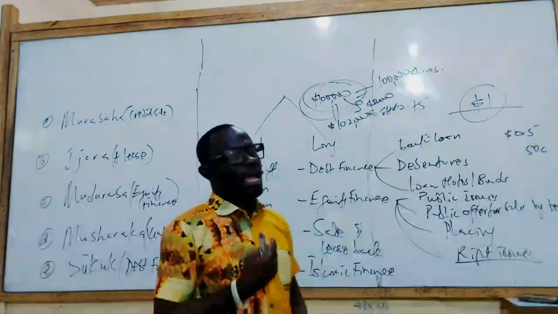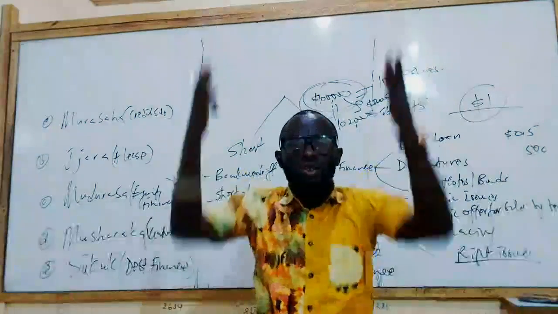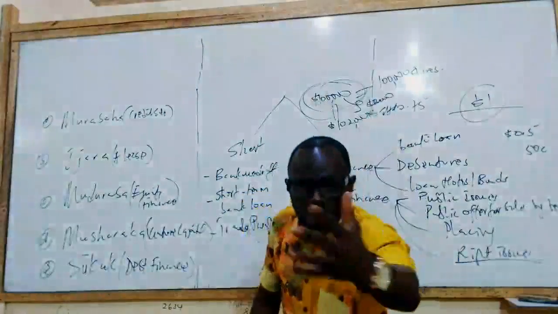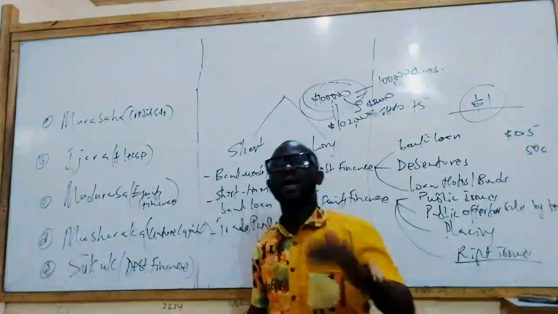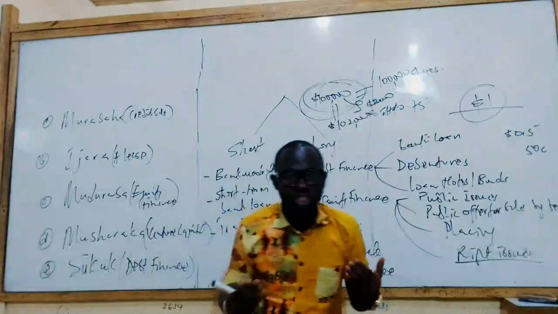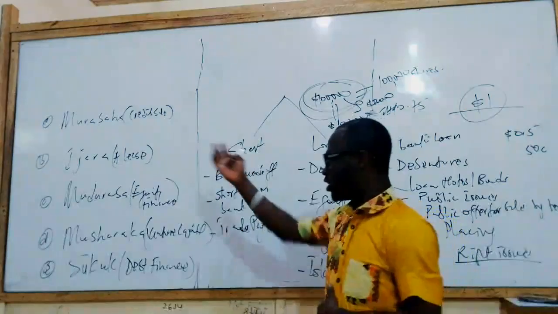So the second one is ijra, which is a lease. With this one, I need an asset. I don't have money to buy the asset, but you have it. I can't also buy it from you. So what do you do? You lease it to me so that I pay you a rent for using the asset. That is called ijra. It's a way to finance what? An organization. It's a good deal.